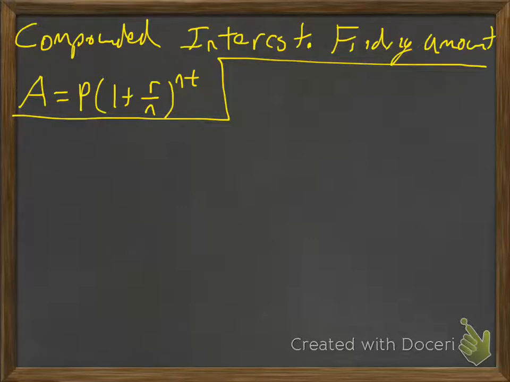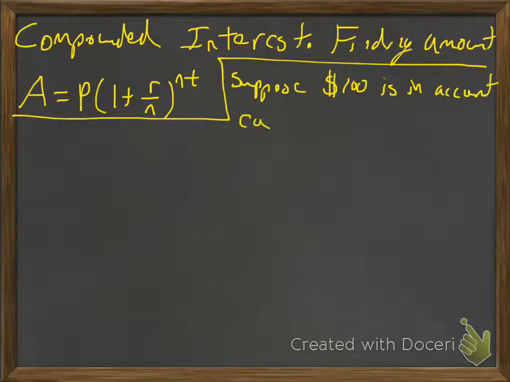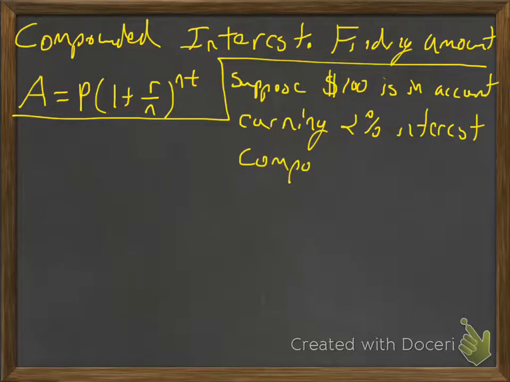T will be in years. All right, and so we'll do an example. So let's suppose $100 is in an account earning 2% interest compounded quarterly.